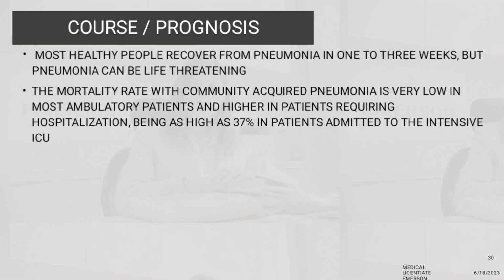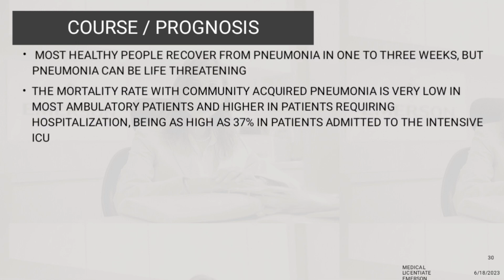Then the mortality rate with community acquired pneumonia is very low, especially in most ambulatory patients, but the mortality rate is higher in patients requiring hospitalization, being as high as 35% in patients admitted to the ICU itself.